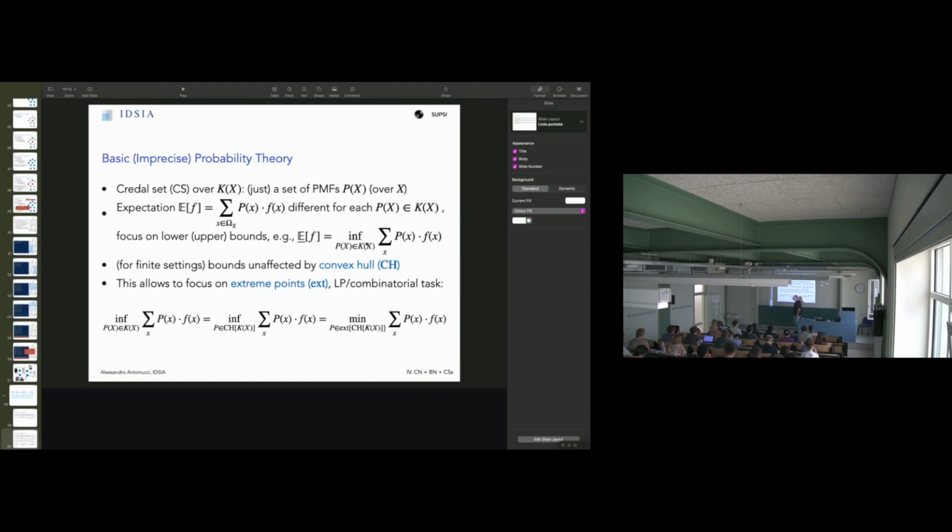But if I do convexification, basically, this is, I don't know, some of you may be familiar with linear programming. Linear programming is a kind of constrained optimization. Somehow it is the simplest optimization.